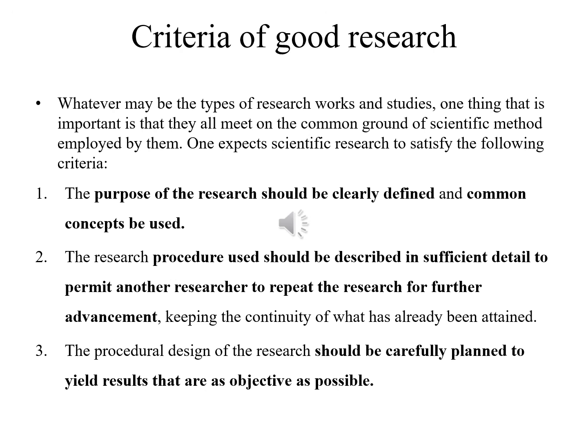Okay, so the second criteria. Now, what is the second criteria that we have to keep in our mind, that our research should be a good one, a scientific one? The second criteria says that research procedure should be described in sufficient detail so that another researcher can repeat the research. What does it mean? It means a simple meaning.